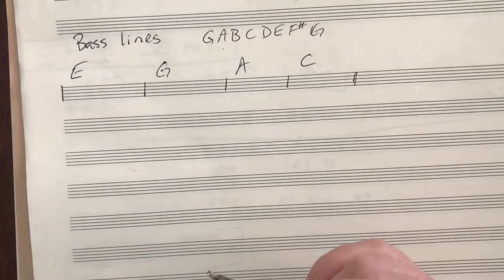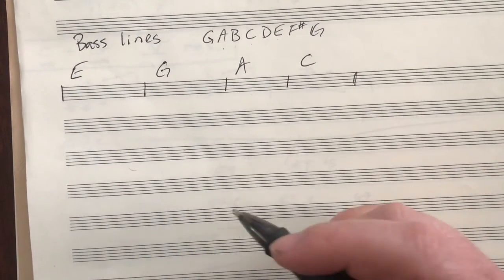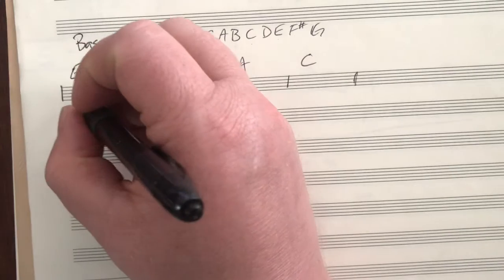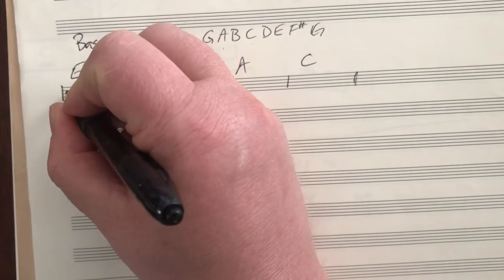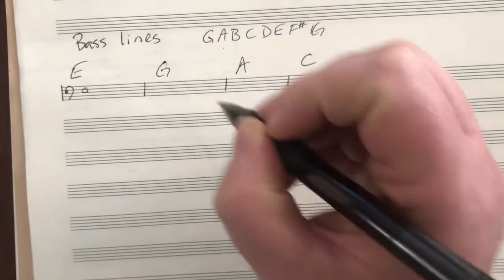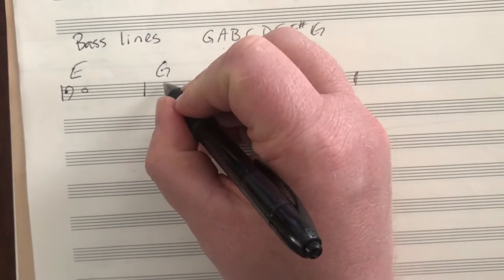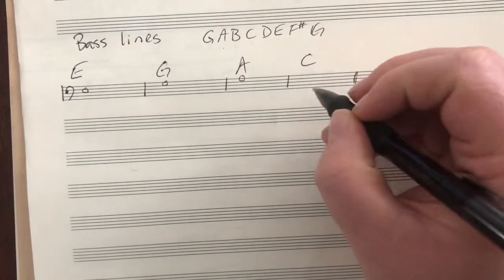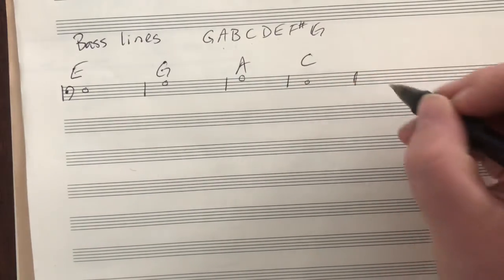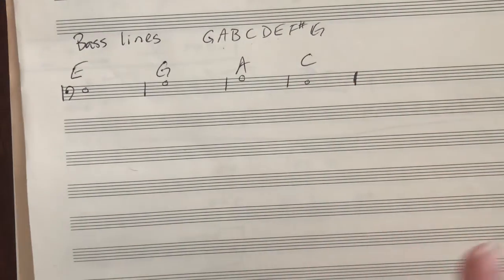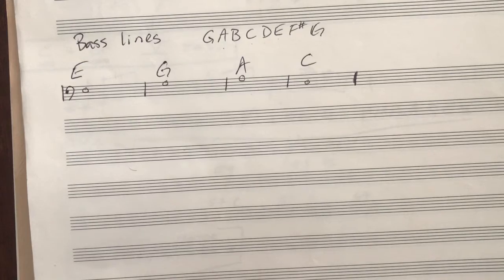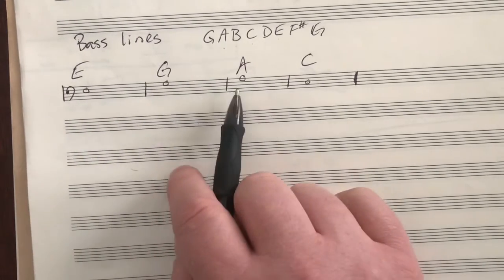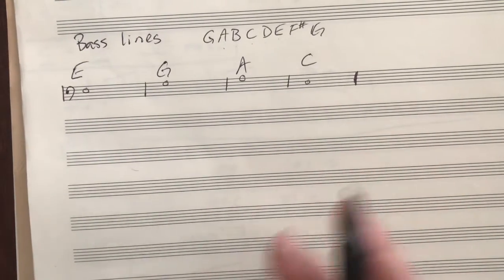So the first thing that we did when we came up with a bass line was we just did whole notes. So if I treat this like the bass clef, did a whole note on E, then a whole note on G, then a whole note on A, and then a whole note on C. And that was our starting point, just so we could hear that movement, and then we could figure out the 2 notes that worked with each sort of what we call tonal center.